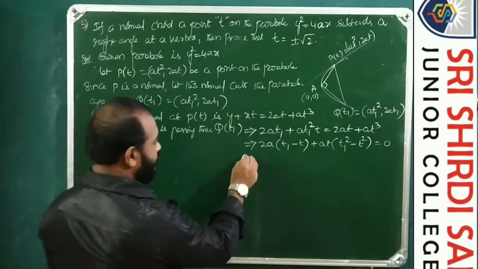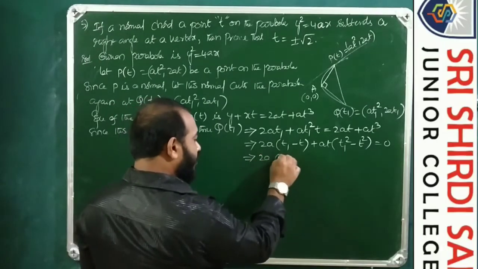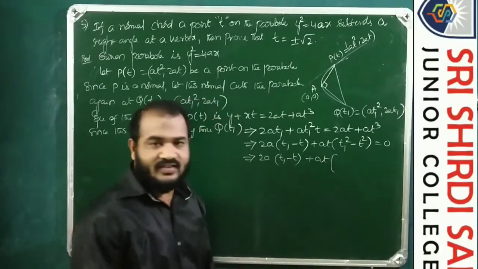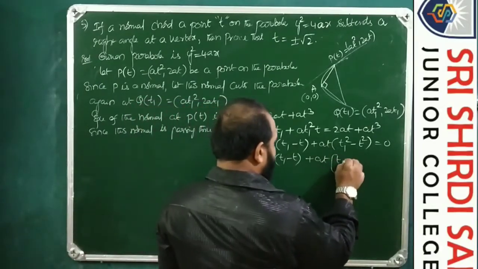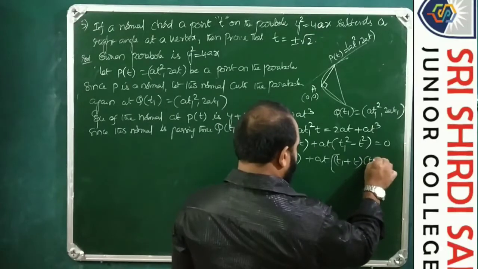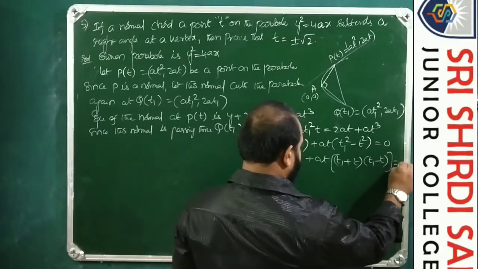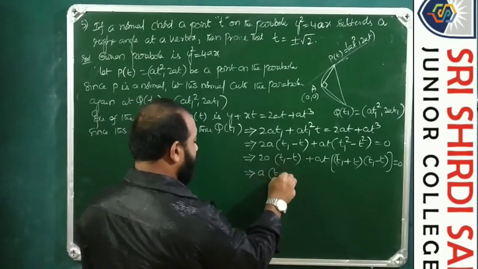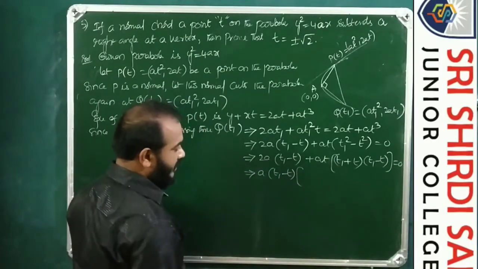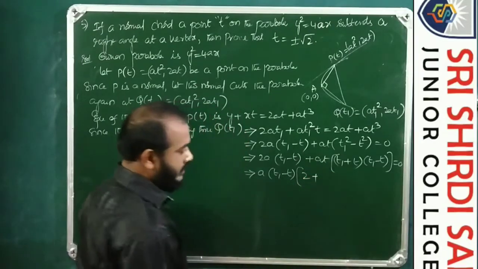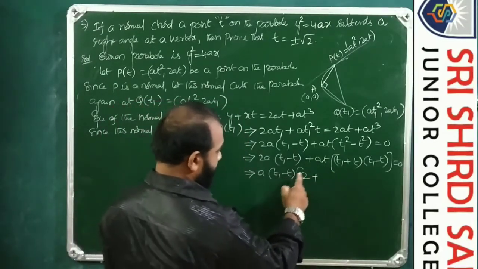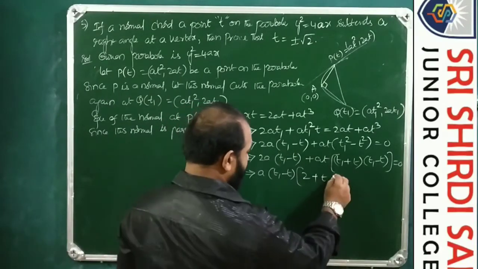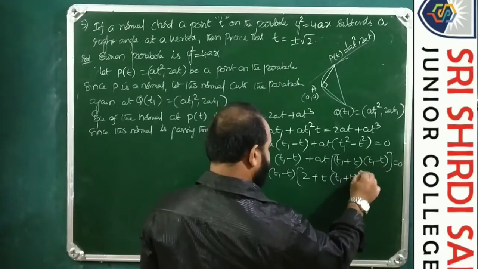This is equal to 2a into (t1 minus t) plus at. This t1 square minus t square is (t1 plus t) into (t1 minus t). This is equal to 0. So take a into (t1 minus t) as common, then this is 2 plus t into (t1 plus t) equals 0.